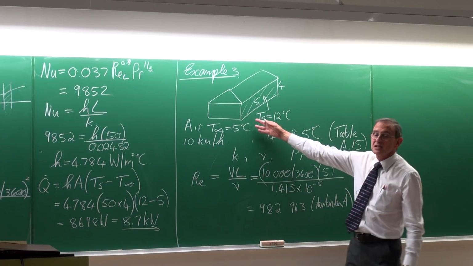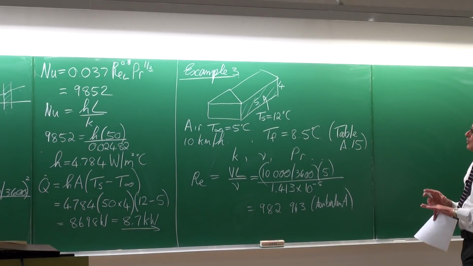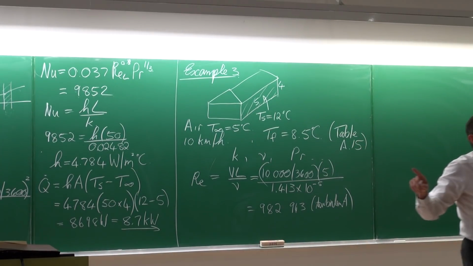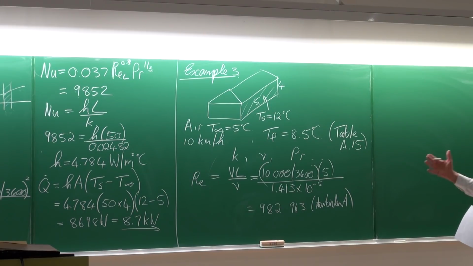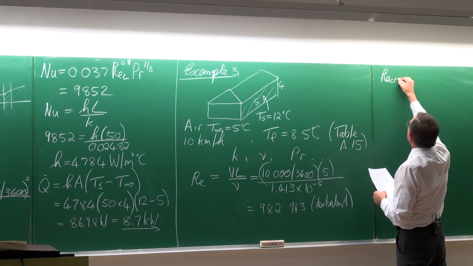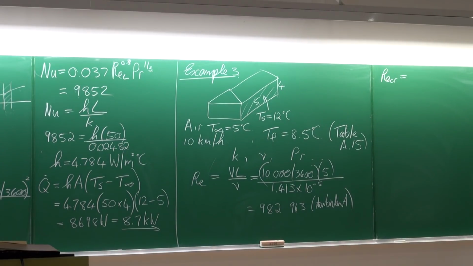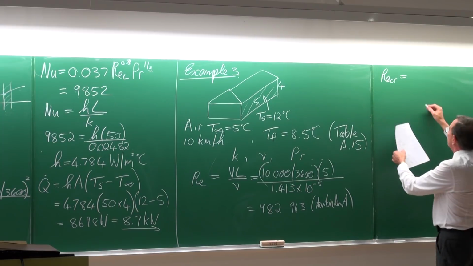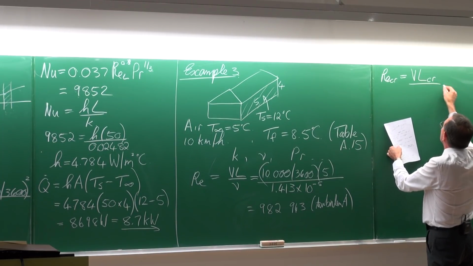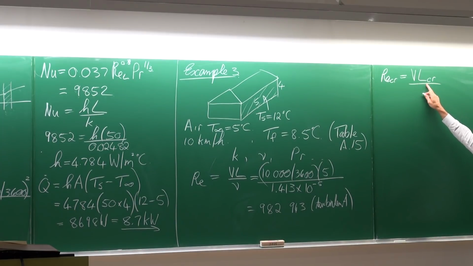But again, just as in the previous case, it would start off as laminar, and then it's going to change to turbulent, somewhere along the length. Where? Well, we do exactly the same thing. We say, we know the transition will occur at 500,000, which is equal to the velocity multiplied by the length.